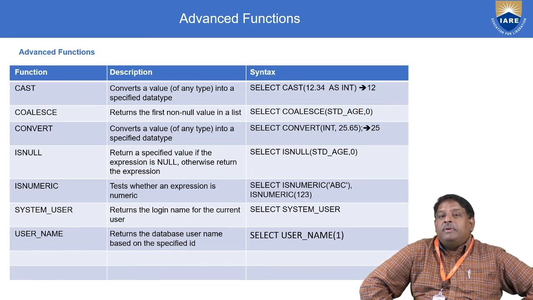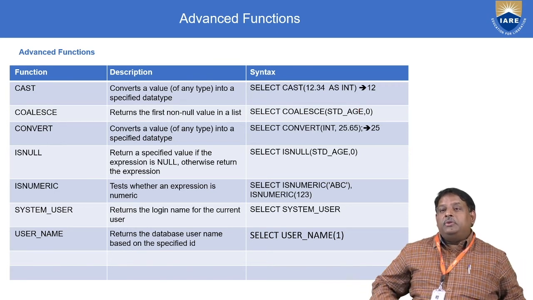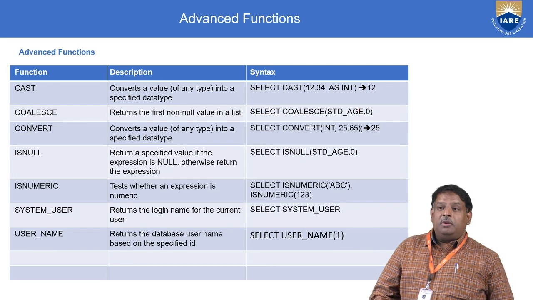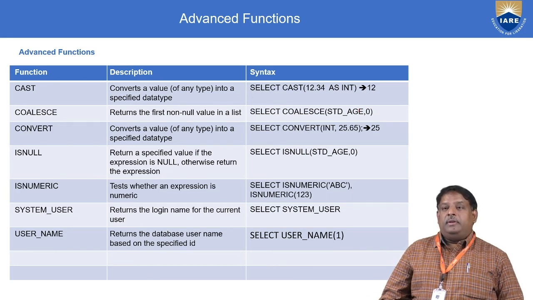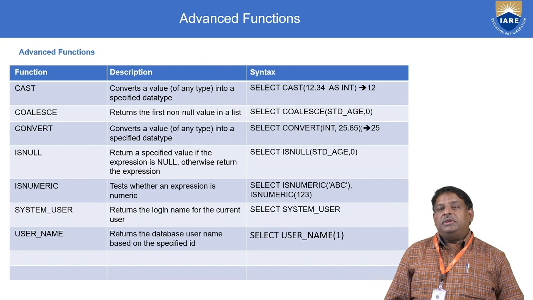Whereas if I say user name and give it 1, it will give me the username corresponding to the one who is logged on with ID 1. If I give 2, it will give me a different username. These are the advanced functions which SQL Server has provided to make use of in programming.